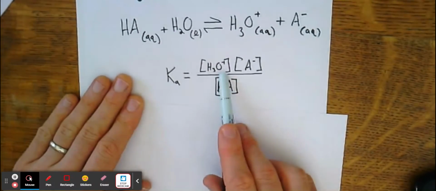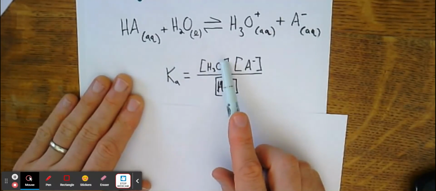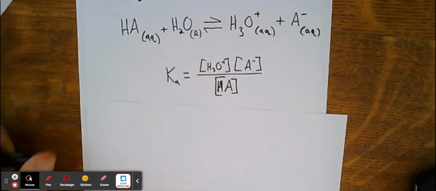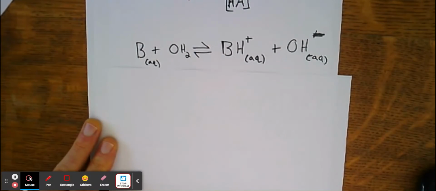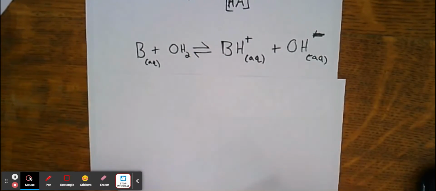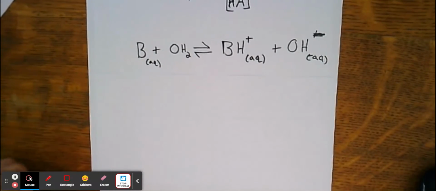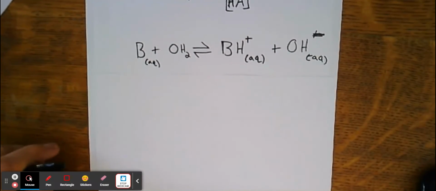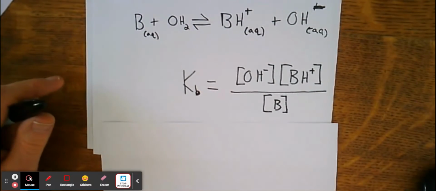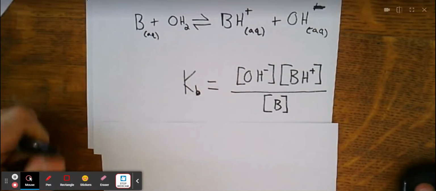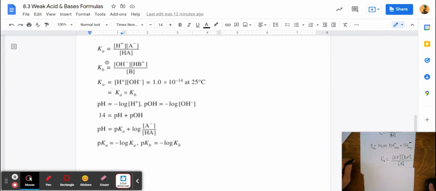How much hydronium does it make in the solution? And if this is our base, how much hydroxide does it make would be understood from the equilibrium expression of the base. Kb is equal to that. Now, if you go back, there's the two equations.